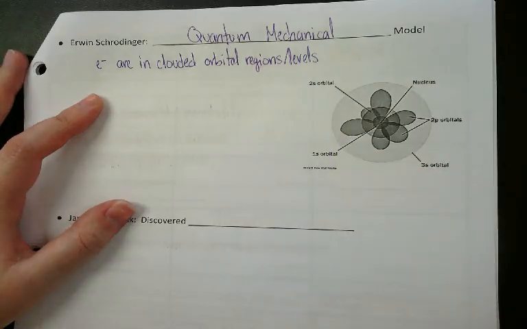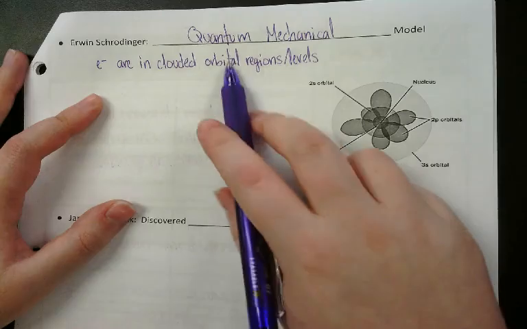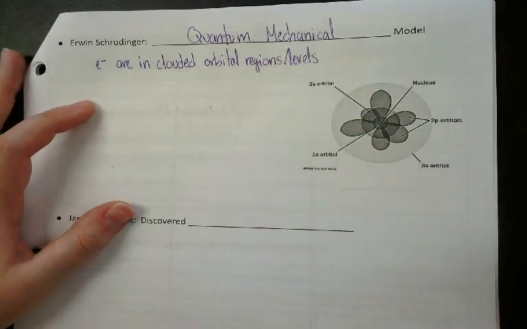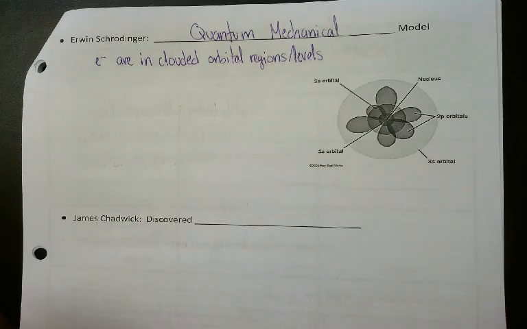So a path or an orbit goes with Bohr, whereas an orbital region or an orbital level, that's Schrödinger. So you really need to make sure that you know the difference between those, because if on your assessment or your progress check, it talks about an orbit or a path, that's going to be Bohr. But if it says an orbital region, that's Schrödinger. Even both of them have orbit in it.